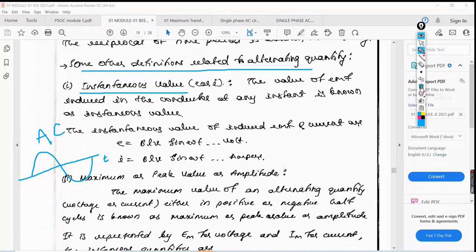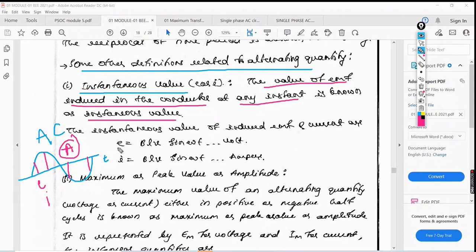With respect to that AC component, the value at any instant of the alternating quantity itself is called the instantaneous value. That might be with respect to the voltage, that might be with respect to the current. The value of EMF induced in the conductor at any instant, that itself is called the instantaneous value.